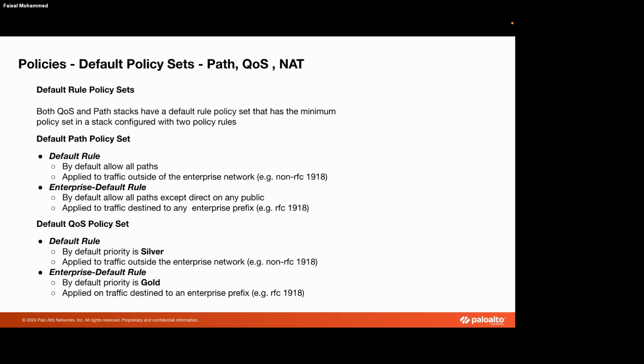Enterprise default is for private apps, anything which is an RFC 1918 destination. The same applies for QoS and NAT. So by default we have the default rule and the enterprise default rule created for you, and they get applied when you select the default path policy set for a particular branch site.